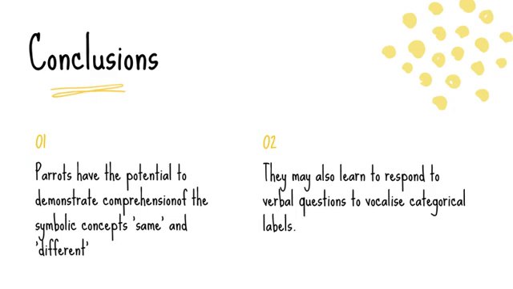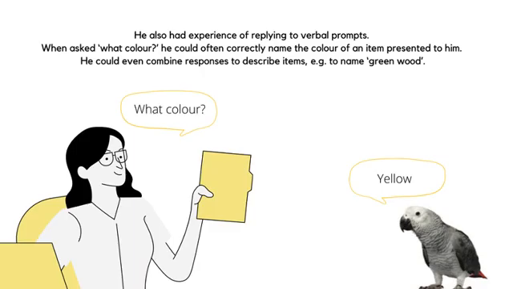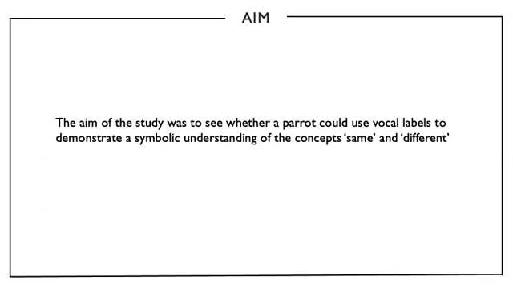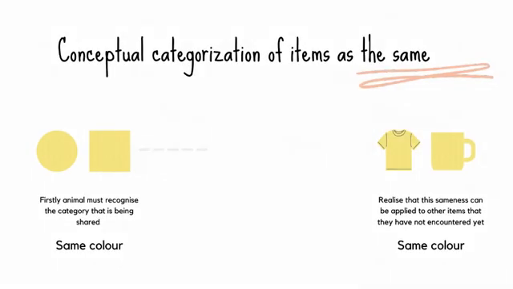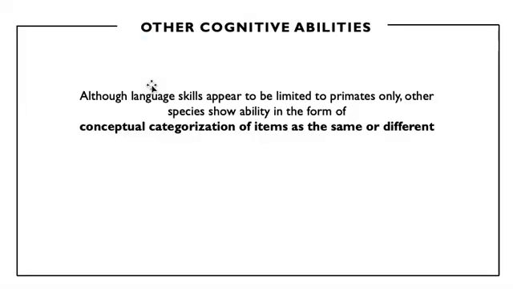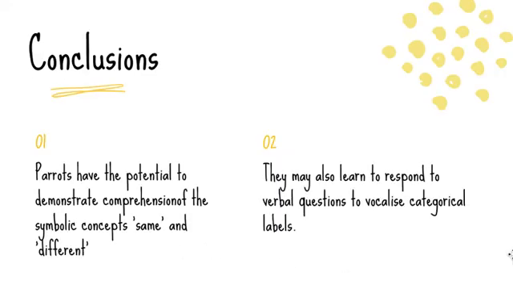If you remember what it is, let me have a look actually. Here. Conceptual categorization of items as same or different. So this is a cognitive ability: we categorize things as same or different. We can see it in parrots.